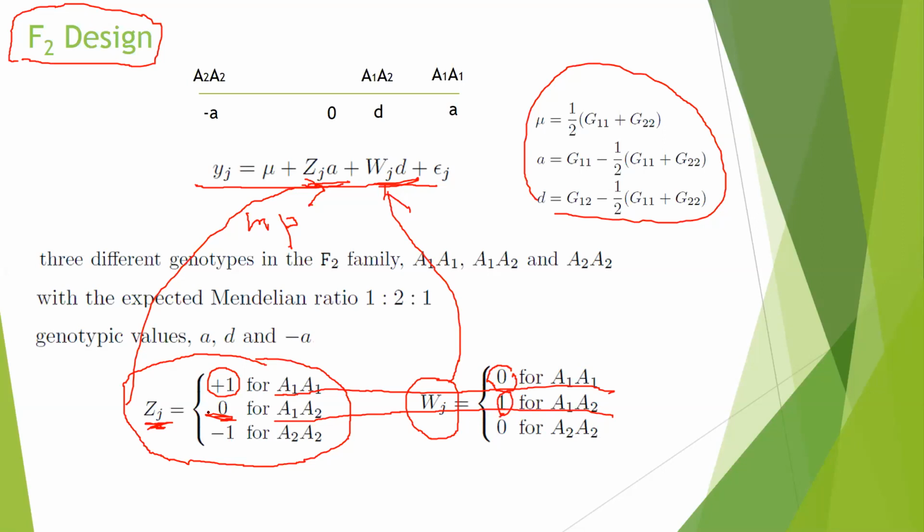That's why you see a 0 for Z, but 1 for W. Any questions here? And also the ratio: because we are talking about a special design, the F2 design, the ratio of these 3 genotypes is 1 to 2 to 1. Any questions?